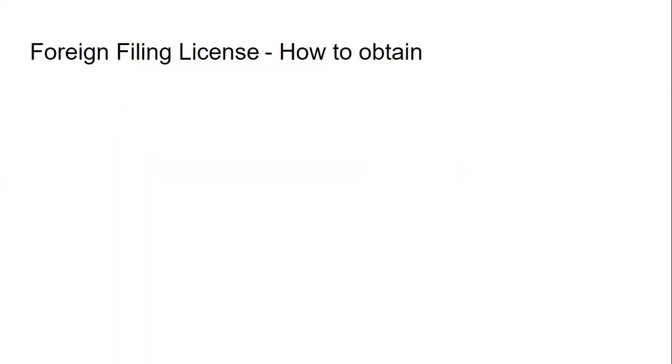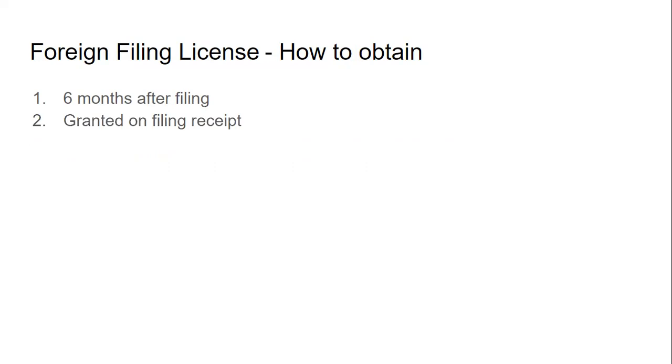So then foreign filing licenses, this one also really good one to kind of keep in the back of your mind, just these bullet points here, how to obtain of them. It's 6 months after filing, they get granted automatically, which is great. But if you don't want to wait that long, sometimes it's granted on the filing receipt.